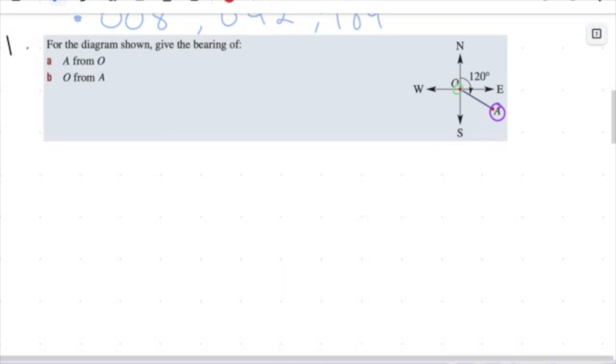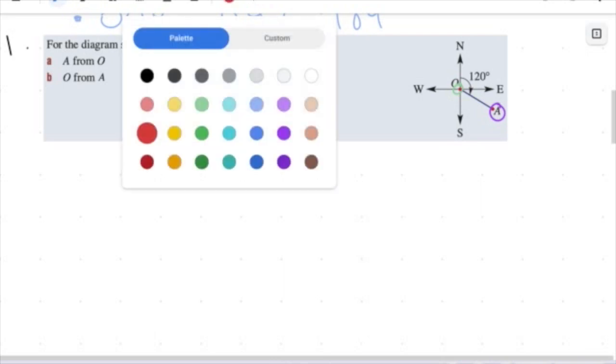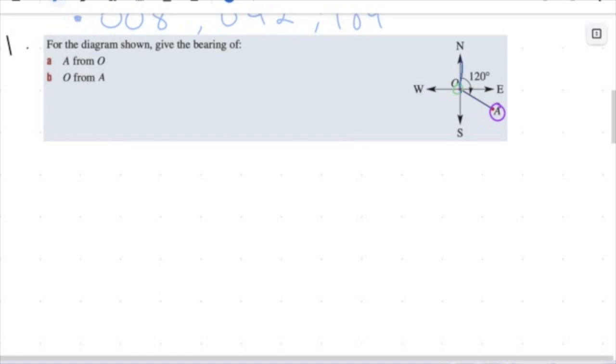So we start with A from O. We're going to start at this O, look at the north direction in relation to O, up here, and observe this angle. So we have this blue line and this blue line here, and we're looking for the angle inside, which is 120 degrees.